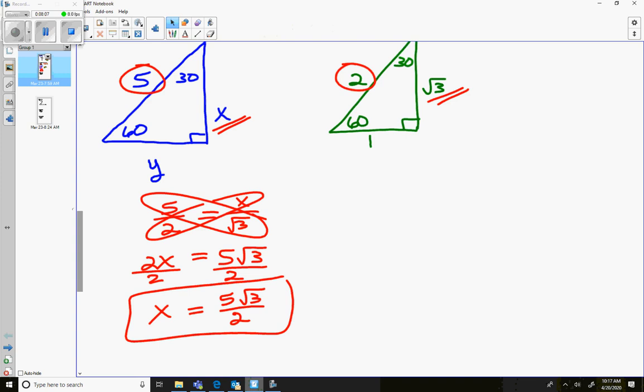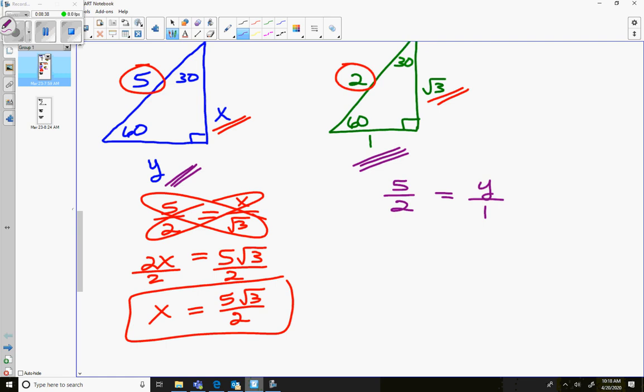Now what about y? Basically, I'm going to do the same thing. I still use the given information, which was the 5/2 for the hypotenuse, equals. And now I've got the bottom to the bottom. So y is to 1. And once again, once you have your proportion set up, cross multiply.